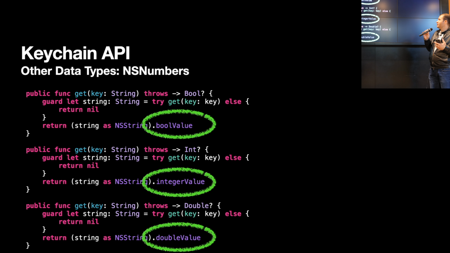So if you were to write this as a generic function, you have to check if this is Boolean, and then you call the bool value method, then you call integer value methods or double value. So it's possible to design it with generic, but pretty much all the architecture has to change a bit.